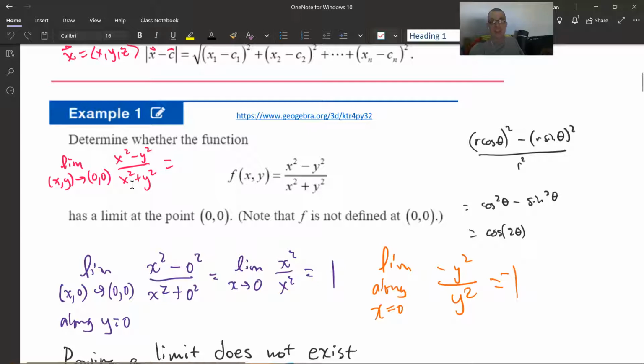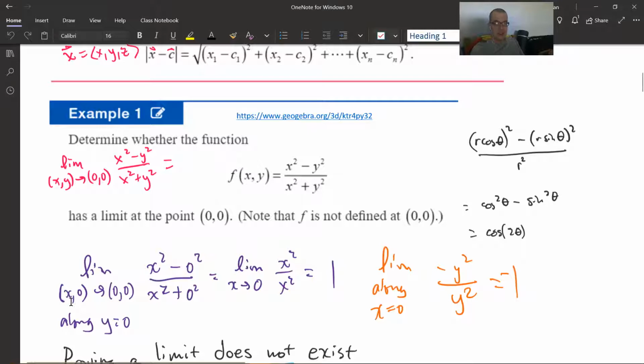But in order to come up with a counterexample, what we're doing is trying to go along two paths. The first one is the x-axis, the second one will be along the y-axis. Those are just really easy ones to follow because that just means making y equal to 0 in this scenario and x equal to 0 in this scenario.